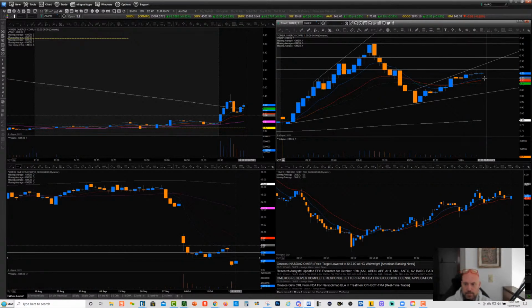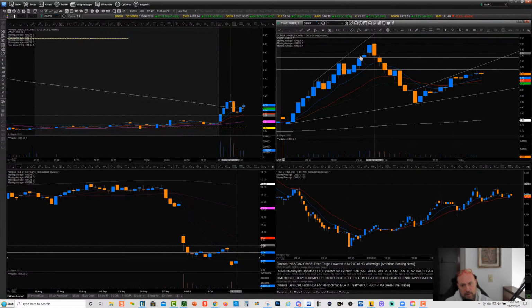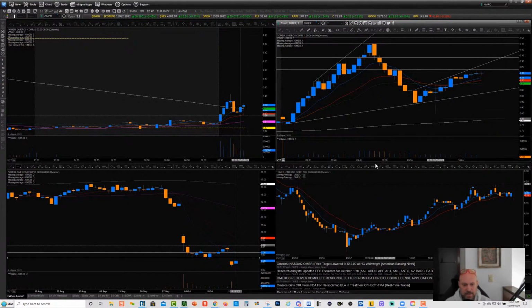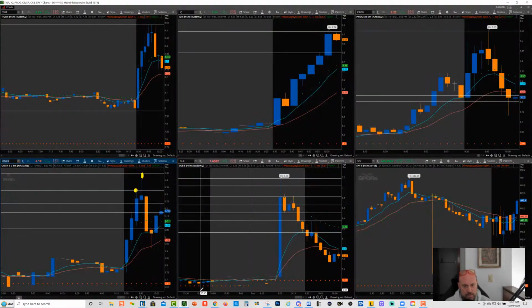Personally, I want to see some separation to see if this thing can push price above. I'm not a fan of when I see those head and shoulders patterns playing out. I'll watch it from afar at times, but I like to zoom in and see anything else going on.